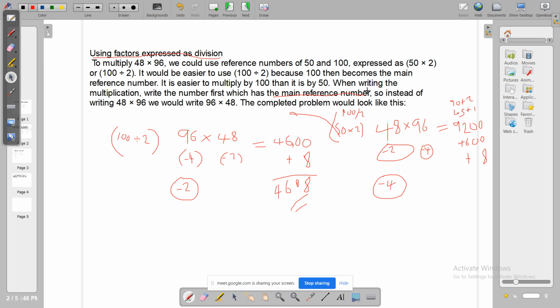Now the total will be 46. So I now know that 50 times 92 will be 4,600. I'm just doing the breakdown to solve it. That's what I did here. Do you understand?